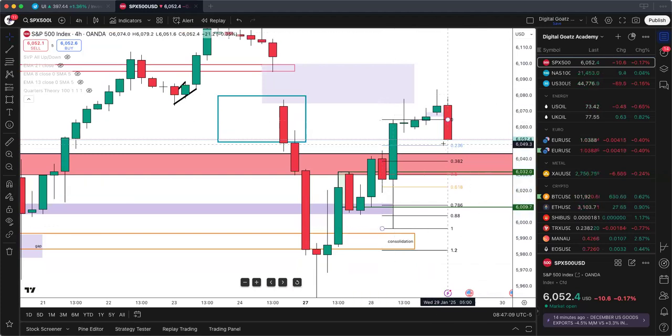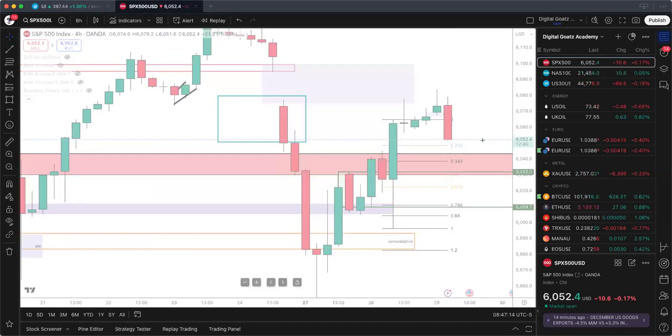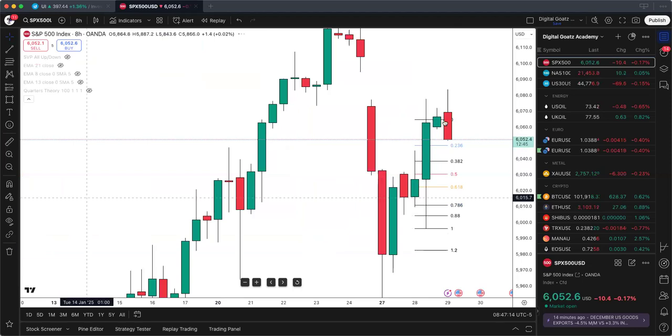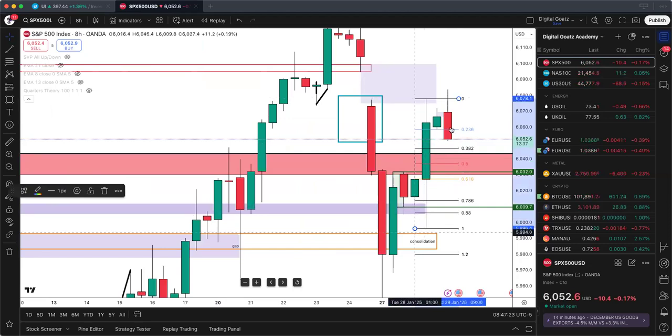All right, we're at 238, which is a shallow move in the market. If it were to retest that, all right. So on the 4 hour, we haven't hit the 236, the 238.